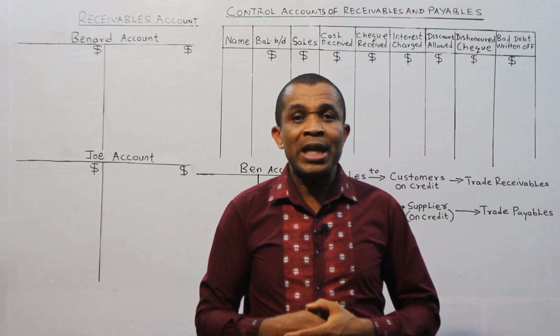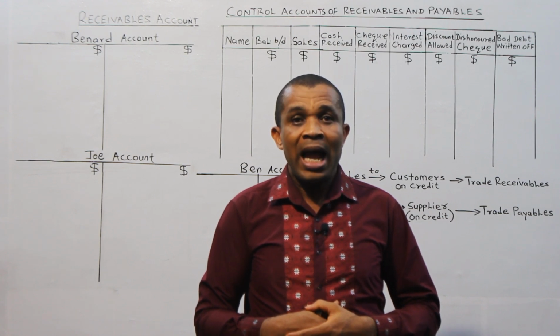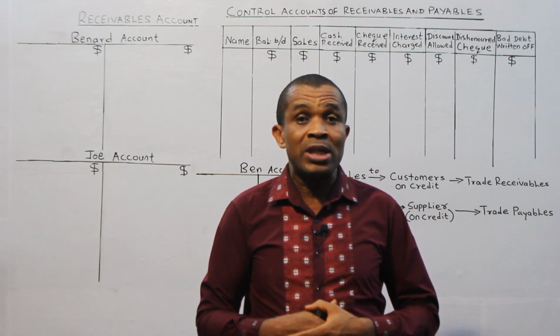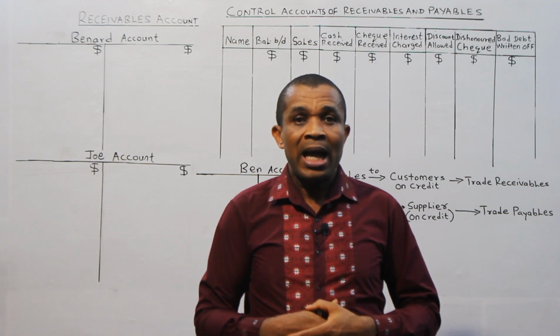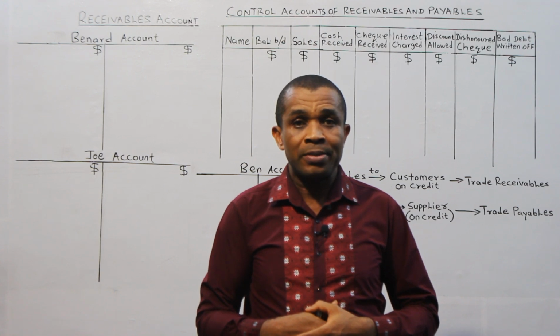Therefore, at the beginning of the period, if there is any amount that receivables are owing, it should be brought forward to the control account of receivables and debited. And we debit any transaction that will increase the amount receivables are owing, and credit any transaction that will reduce or decrease the amount receivables are owing.